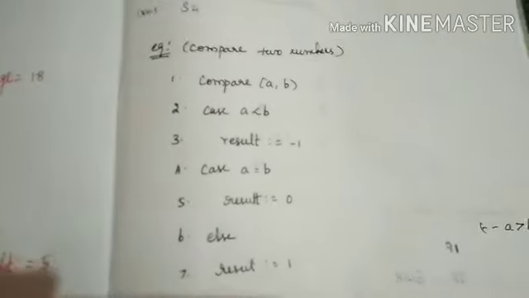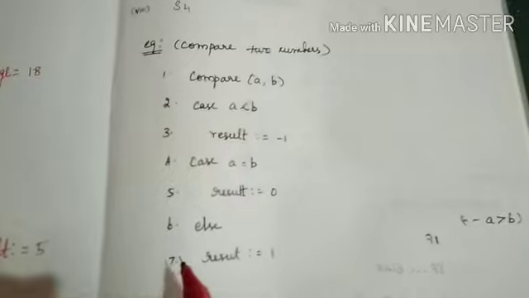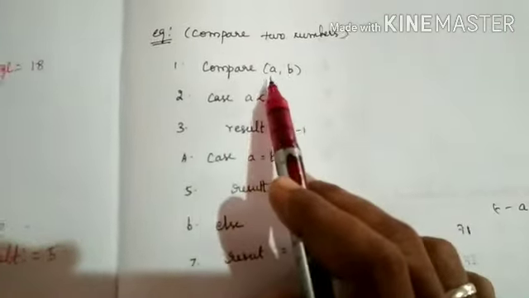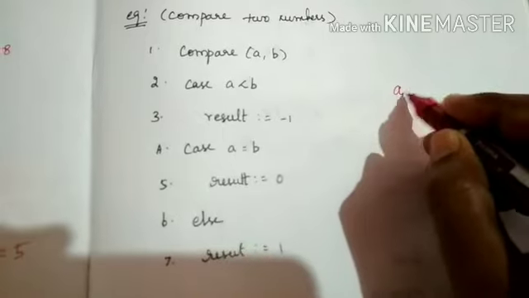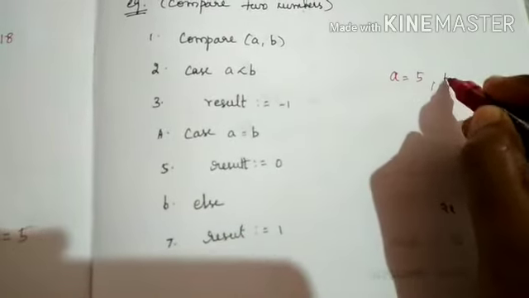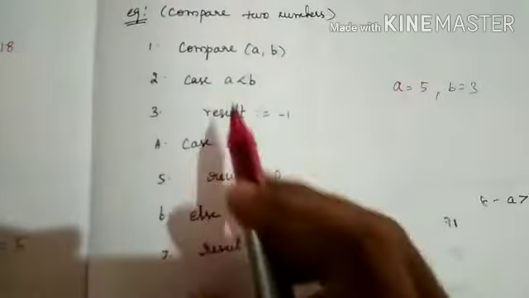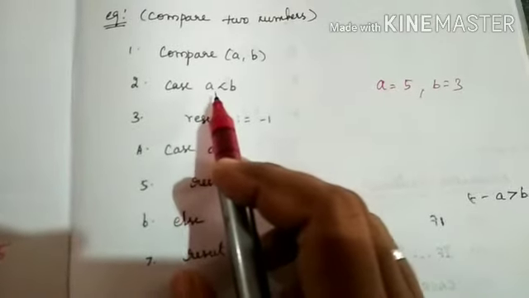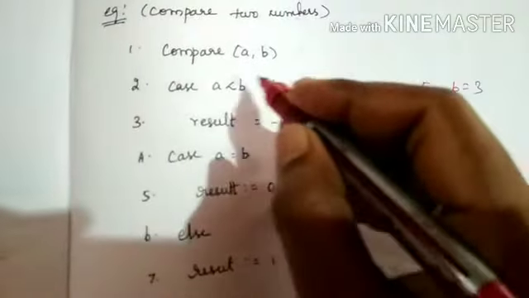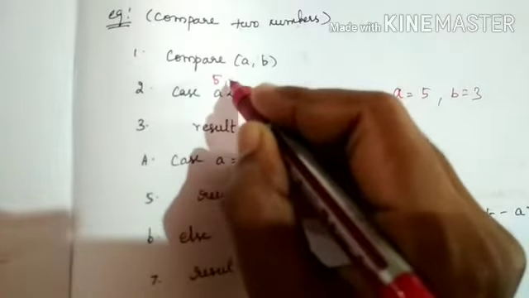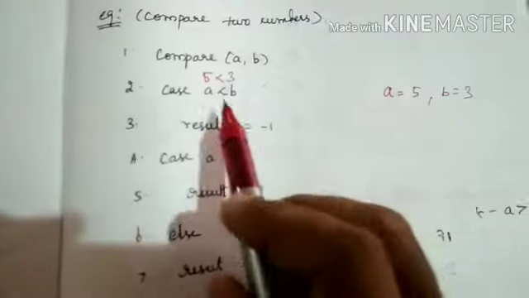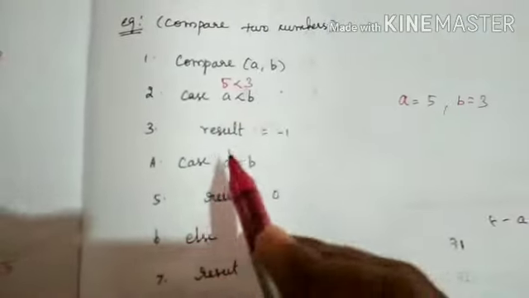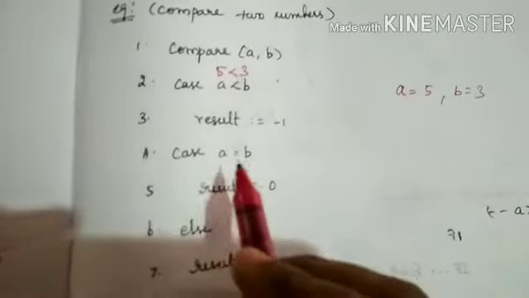For example, compare two numbers, A and B. For example, A equal to 5, B equal to 3. The first condition is A less than B, and we check it. Is the condition true or false? False. So skip this condition.